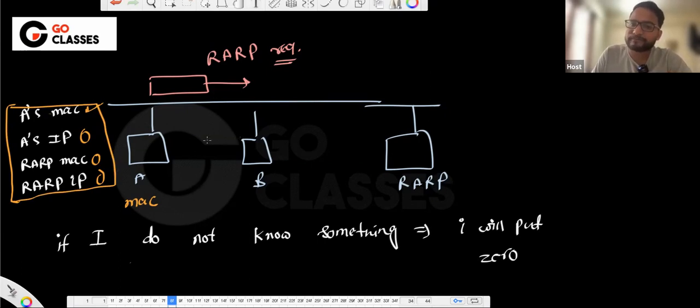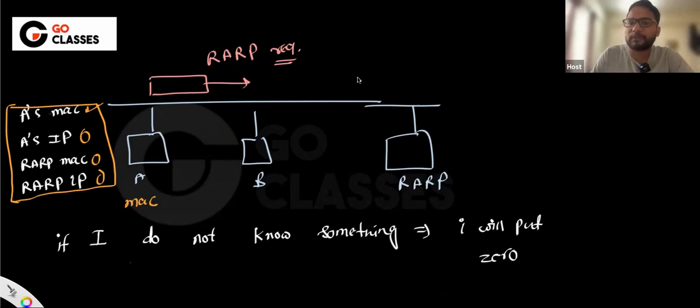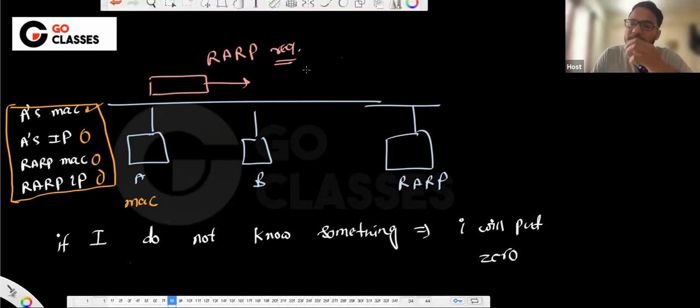Any idea? Because this packet format is RARP, the packet fields will be understood only by the RARP server. There is a particular header for every protocol, right? If you talk about the IP protocol, there is a particular header. If you talk about the ARP protocol, there is a particular header.